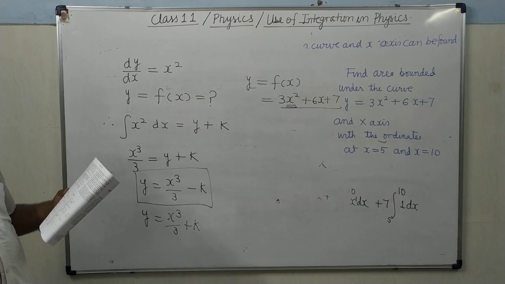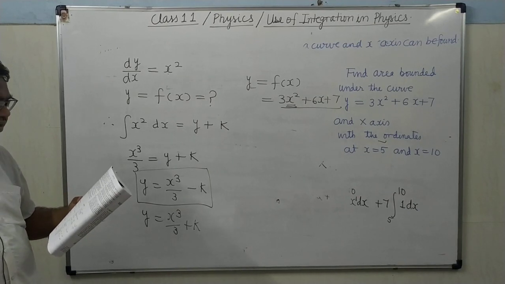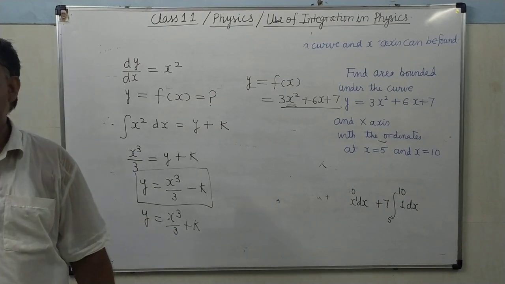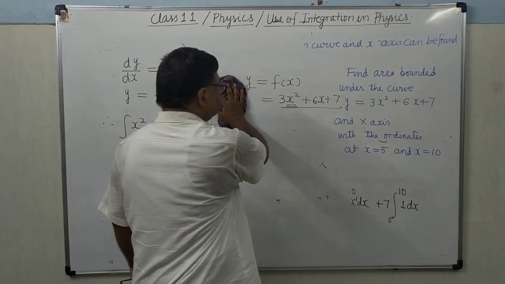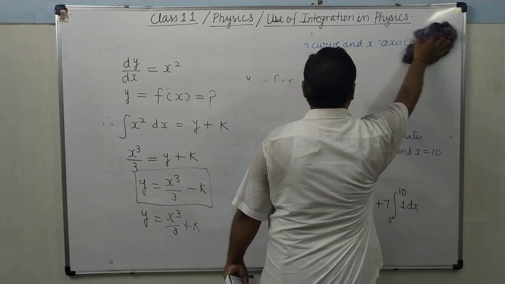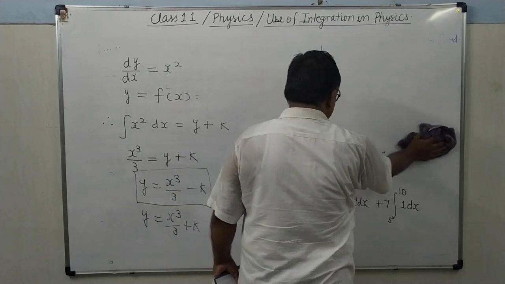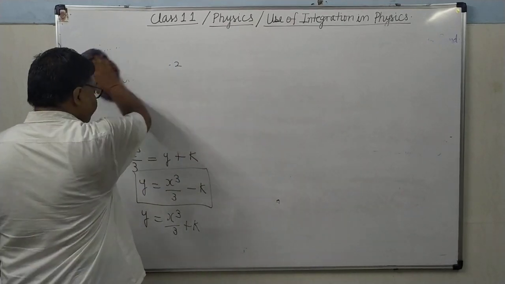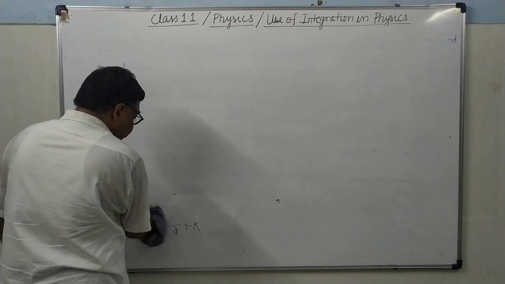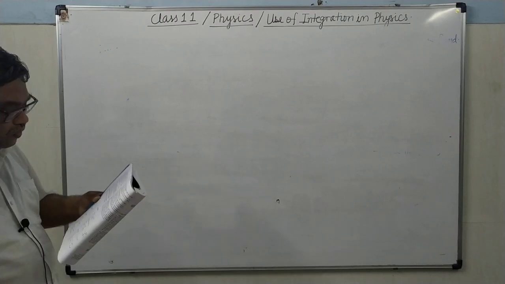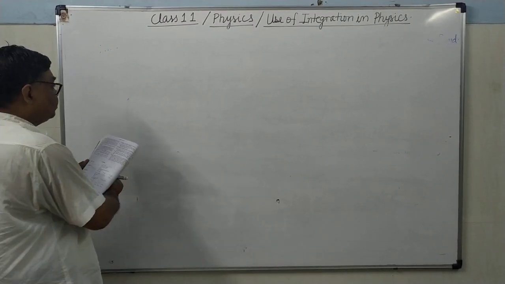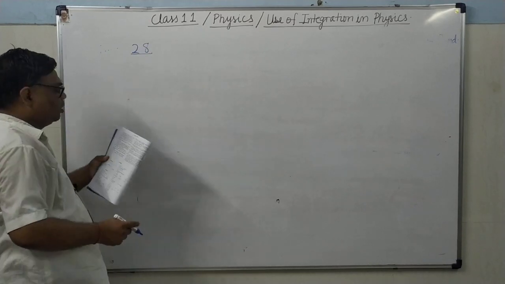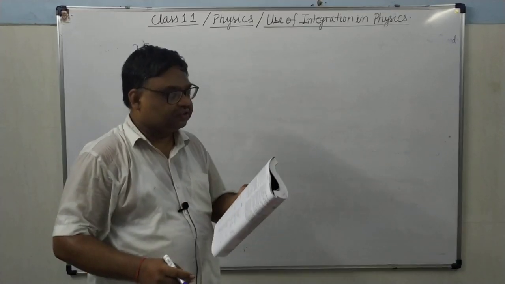Now see here, one more question. Question number 28 that I am going to explain to you. I am just reading this question and you note it down. This is given in your book, H.C. Verma, page 30.